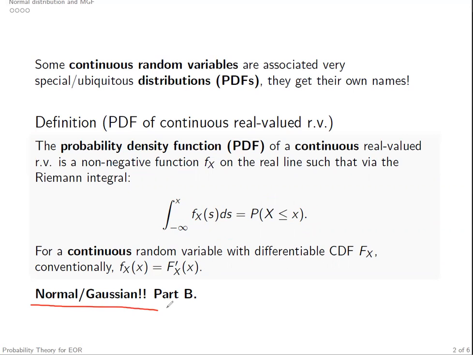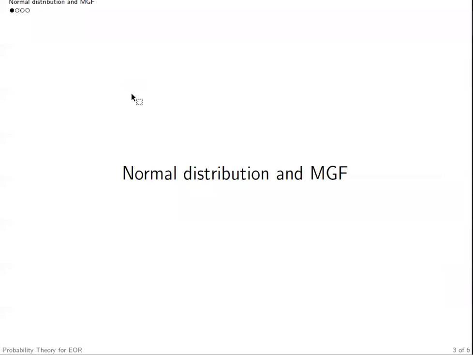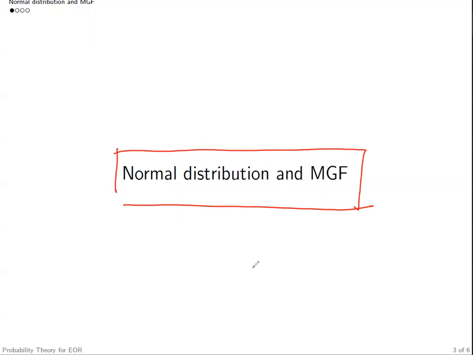This is the second video that we are talking about this distribution. Instead of focusing on the PDF, we are still discussing the normal distribution, but given we know the moment generating functions also determine distributions, in this video we're going to look at the moment generating function of the normally distributed random variable.